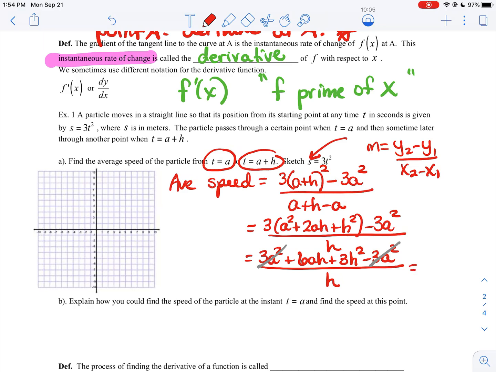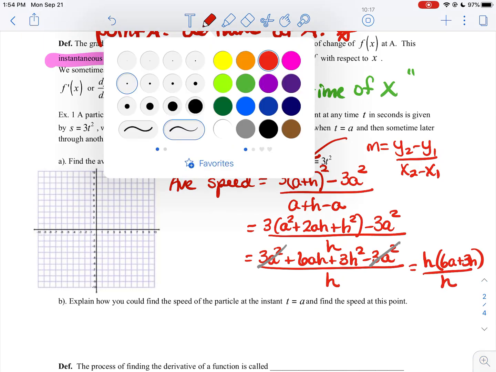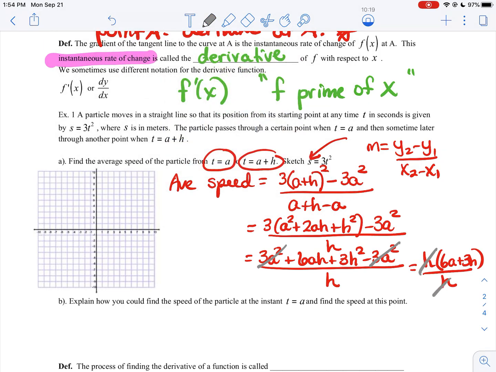And then can you factor out, I'll pull out the h, and I'll have 6a plus 3h over h. You can cancel that. So that is 6a plus 3h. So that's my average speed formula. Okay, that's the average speed.